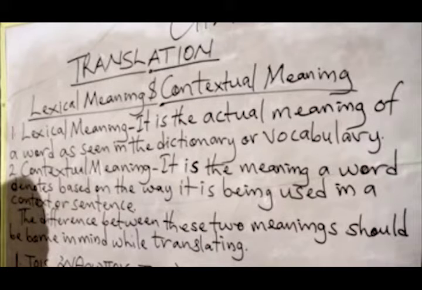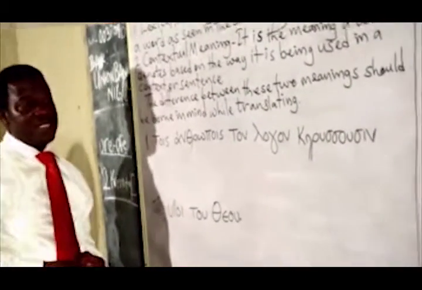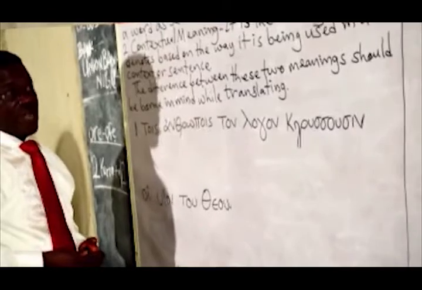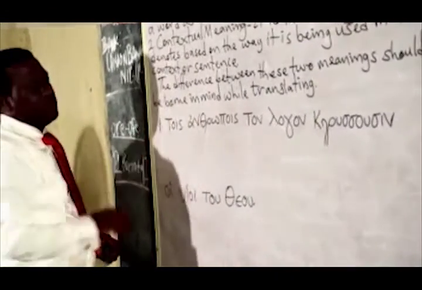Because in the dictionary we have many words and we have their meanings there. But when it comes to how the words are used, then there are different meanings that these words are carrying. And you have to bear this in mind in translating. For instance, we have 2 sentences that we are going to translate now, or 3. This is the first one.